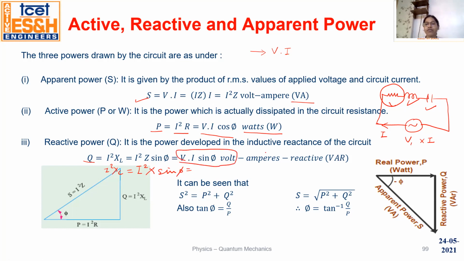The unit of reactive power is volt ampere reactive, VAR. So S square is equal to P square plus Q square. This is a power triangle in which the real power and reactive power combine to give the apparent power. So phi is equal to tan inverse of Q by P.